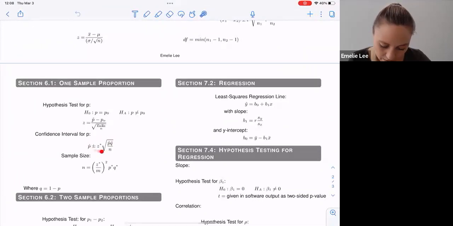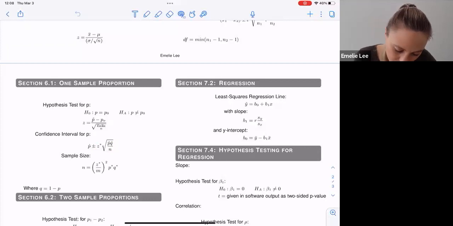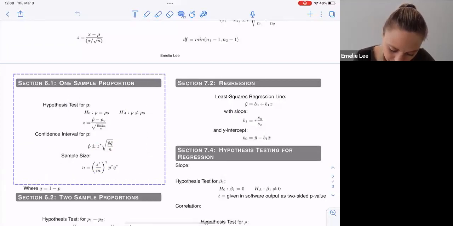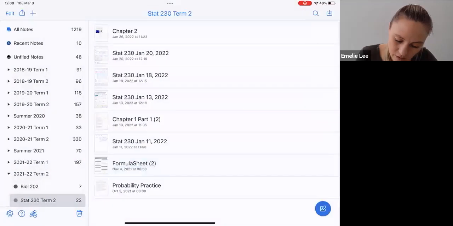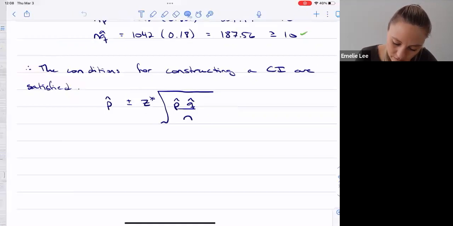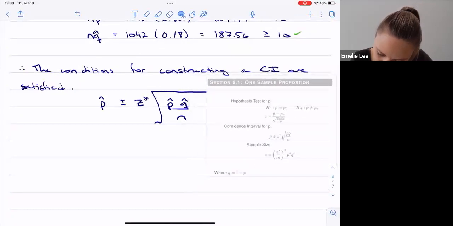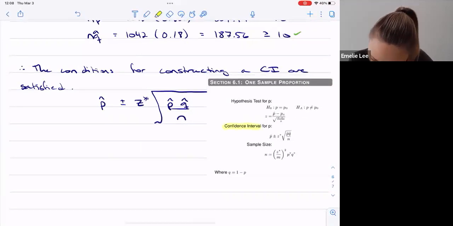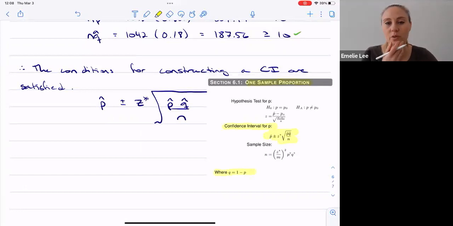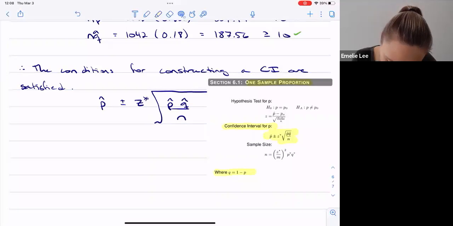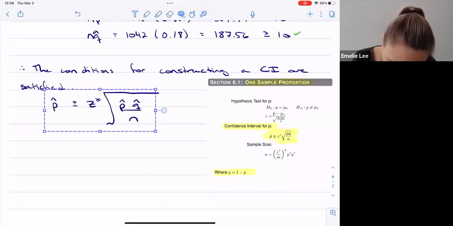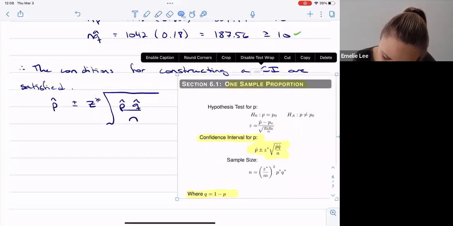And so here you have this confidence interval for p. I'll just bring it in so that you have it. In fact, I'm going to bump this over so that I can have a little bit more room for it.